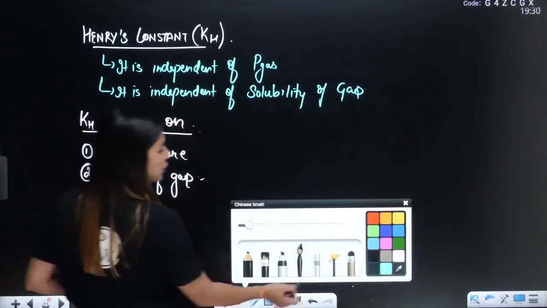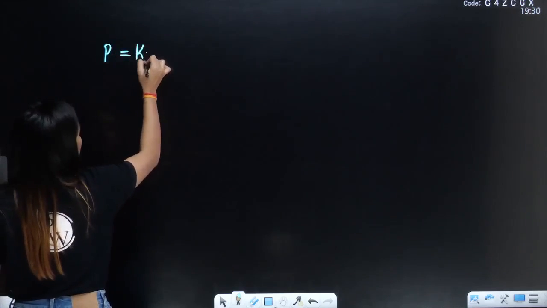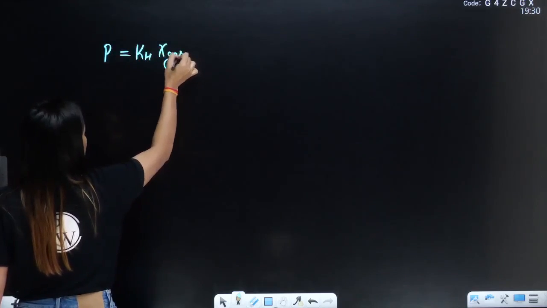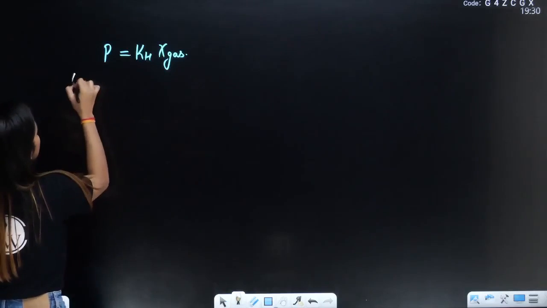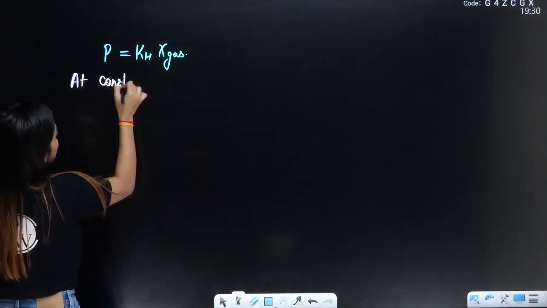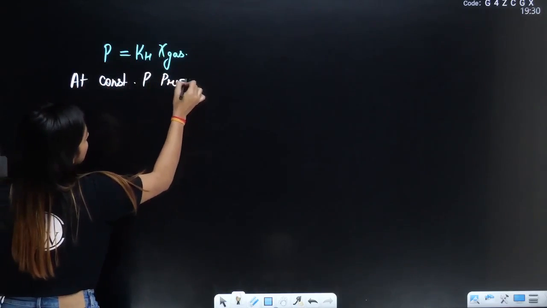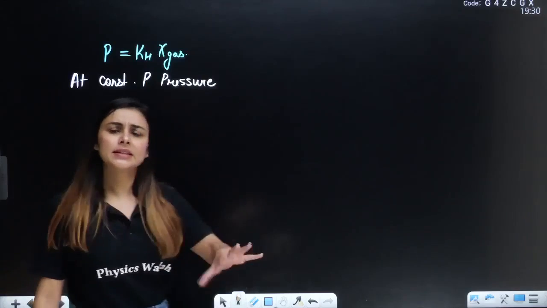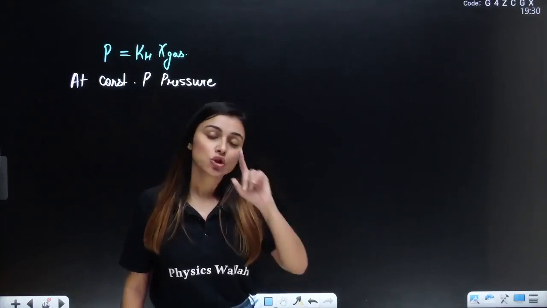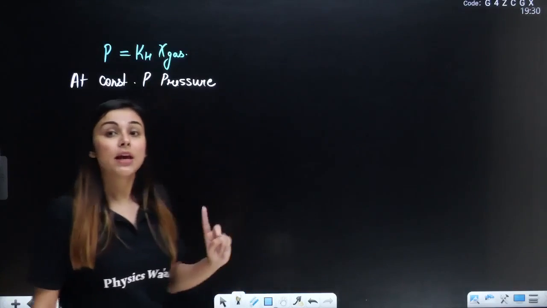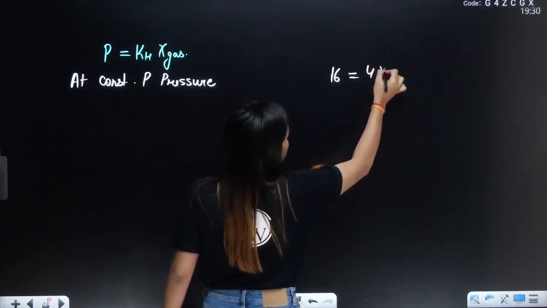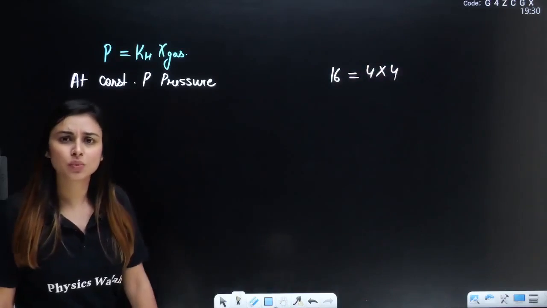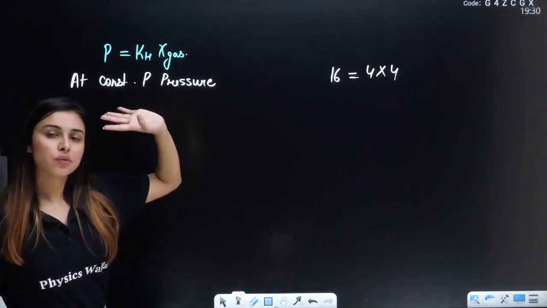So if the pressure is not changing, what will happen? Imagine you have Henry's law as P is equal to KH into the mole fraction of gas. Generally, the pressure for a particular experiment is constant. Now imagine you have the value 16, which is 4 into 4.